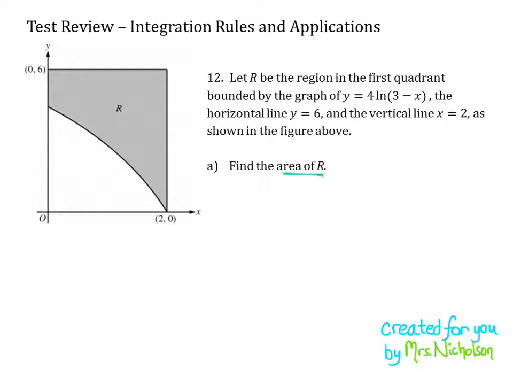So, area of R, I want you to write down our formula, integral from a to b, top minus bottom. So for this graph, we're going to integrate from a to b. Now our a and b are going to be x numbers, and so in this case, 0 to 2.